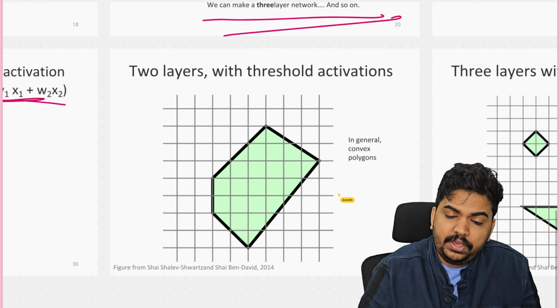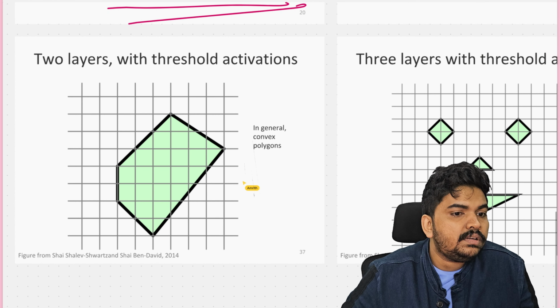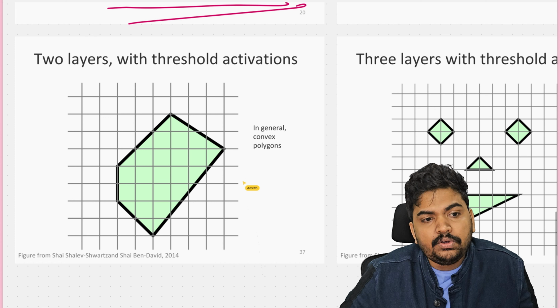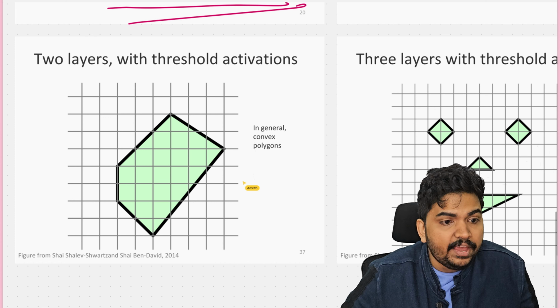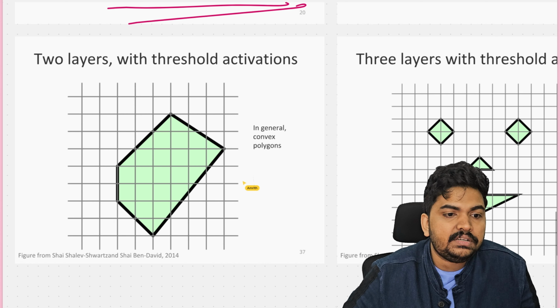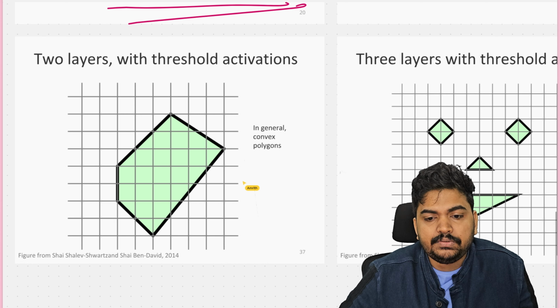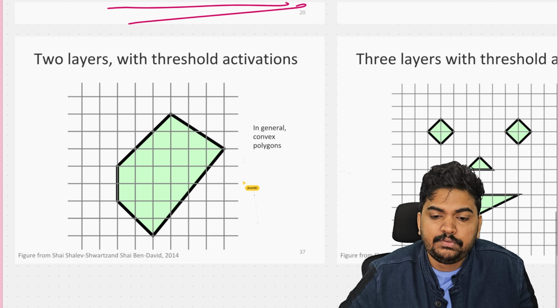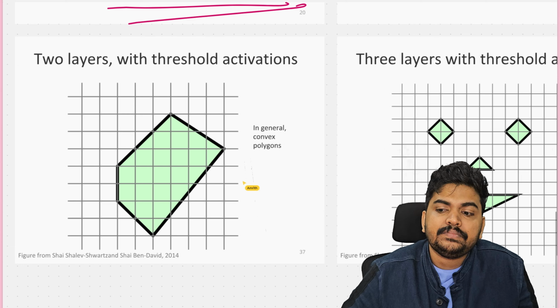Now, if we have two layers with threshold activations, you can draw convex polygons in the feature space. So everything inside the polygon is positive and the rest is negative. So the expressiveness increases when we have two layers, a hidden layer followed by a predictor layer.